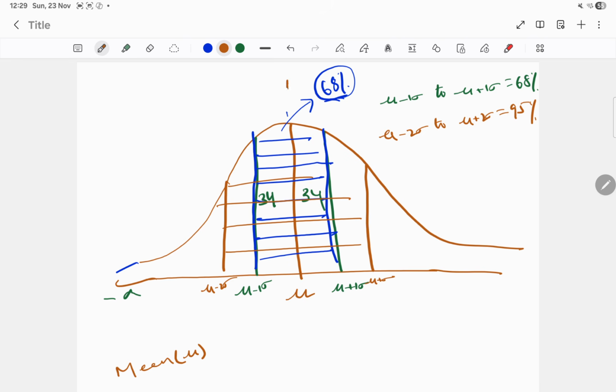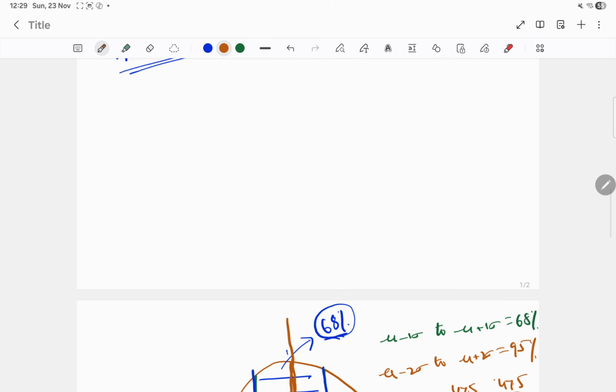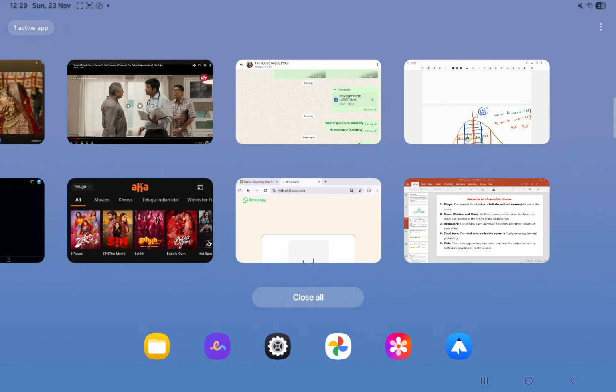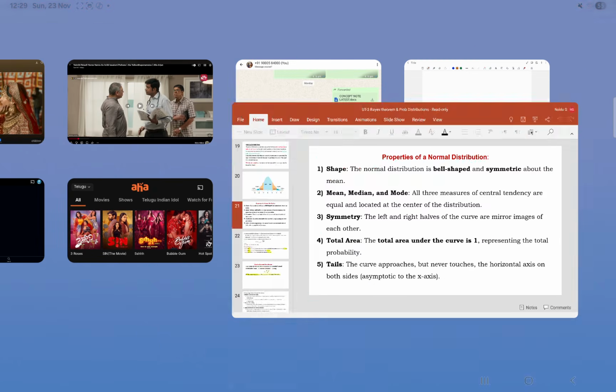This means from the central line, left it is 47.5% and right it is 47.5%. But if you observe carefully, mu minus 1 sigma is already 34, therefore the leftover is 13.5, and this is 13.5. Similarly for mu minus 3 sigma to mu plus 3 sigma, that is 99.7%, that I have shown in the diagram.